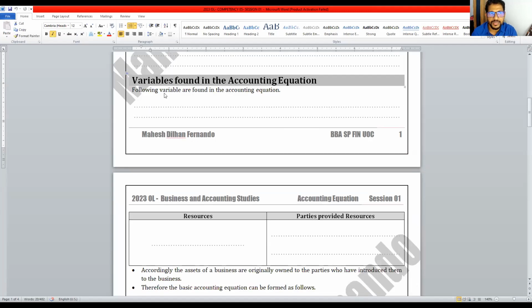First, the following variables are found in the accounting equation. First one you have to write: resources, within brackets, assets. Here you have to write: parties who provided resources.